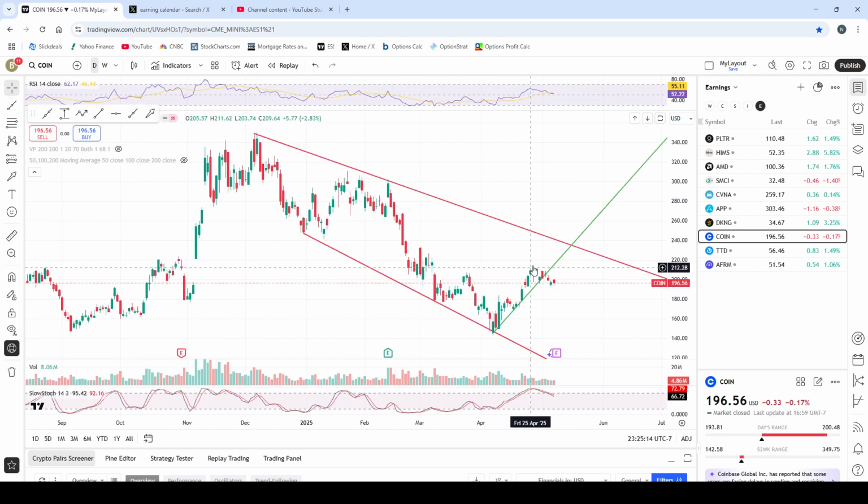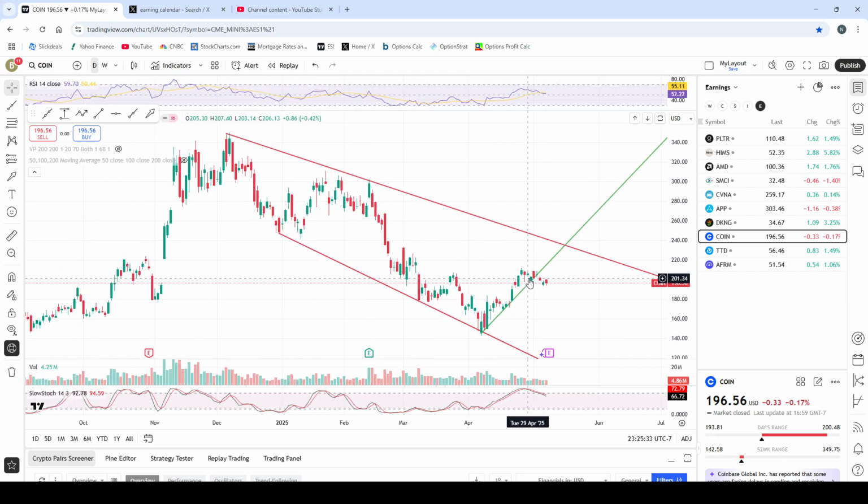So now it's moved to the middle of the channel. Short term is positive, but it looks like it wants to go back and test 179.